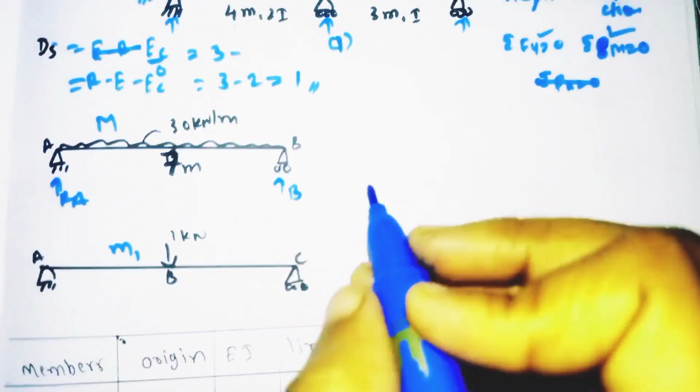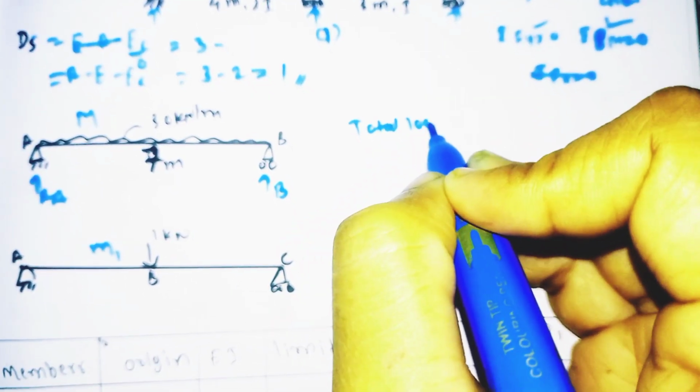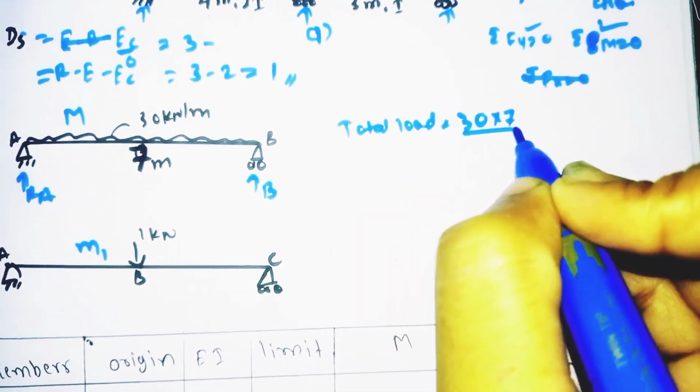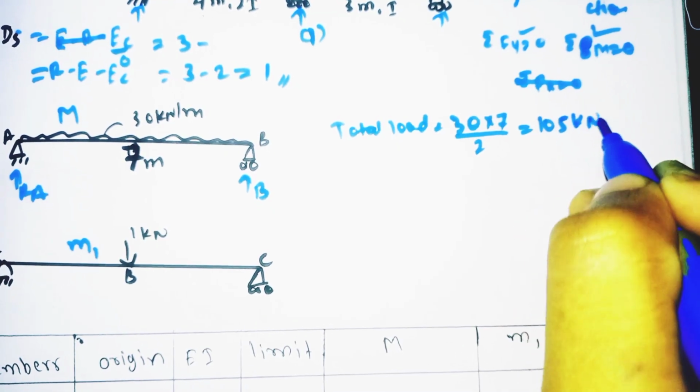So this is a single span, to find out the reaction. The total load is the UDL, 30 into 7 meter, acting at a distance of 7 divided by 2. So it comes to 105 kilonewton.